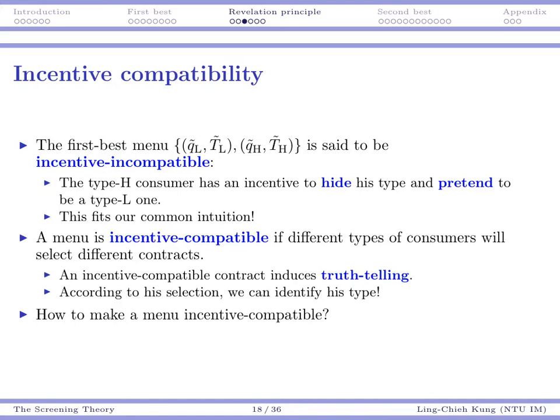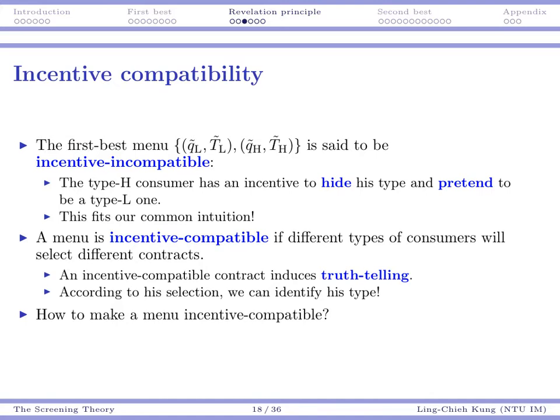So you cannot make these two offers incentive compatible because consumers will choose the same contract. On the opposite side, a menu will be called incentive compatible if different types of consumers will select different contracts. In that case, we say those contracts can induce truth telling, and after we observe the selection, we can identify the type.